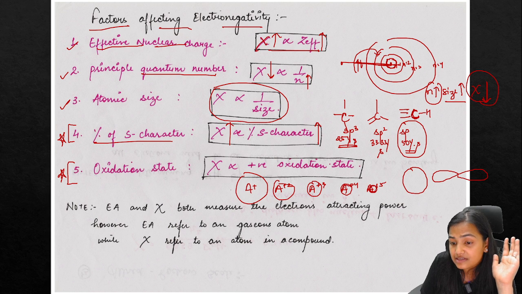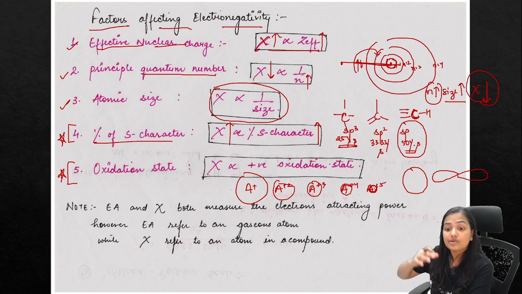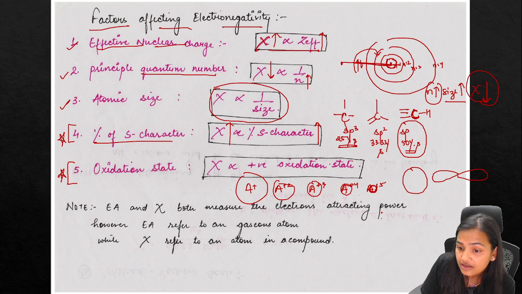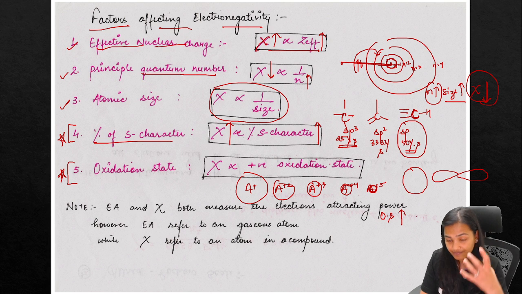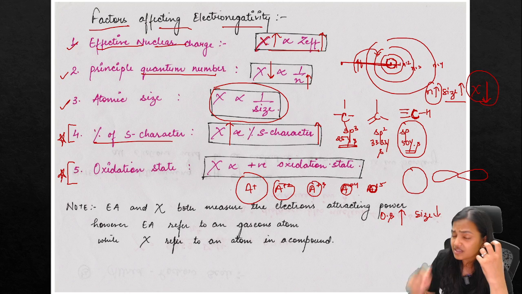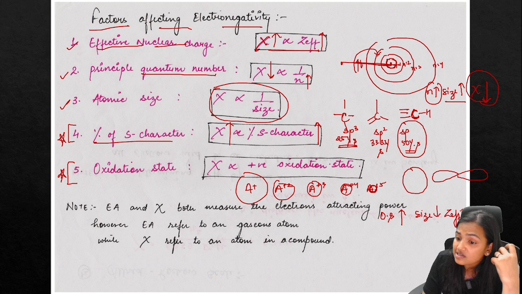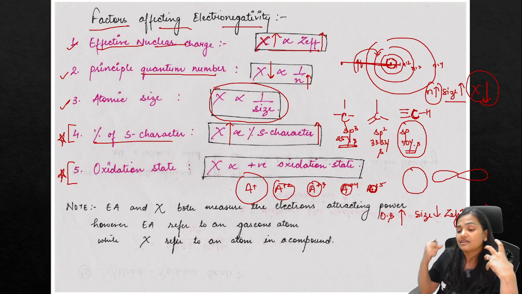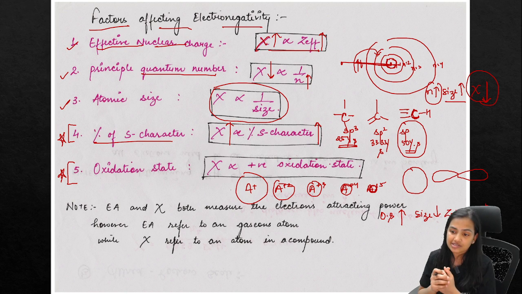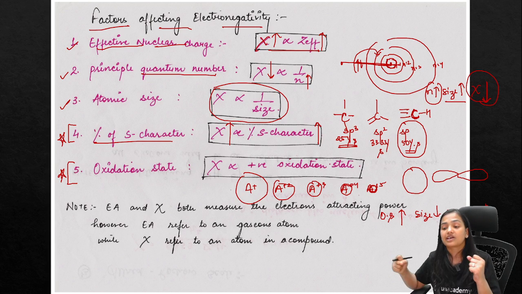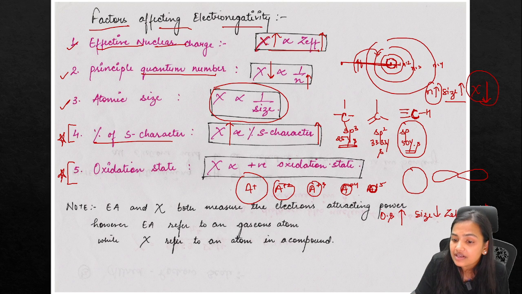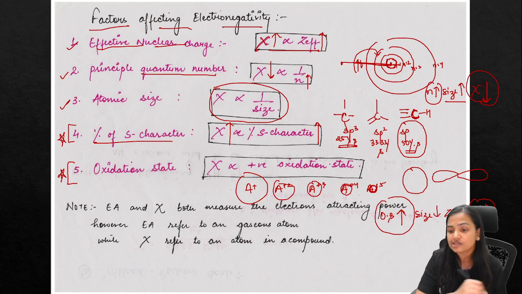The size decreases, which means the effective nuclear charge increases, the Z effective increases, and if the Z effective increases, the electronegativity increases. Anything which is getting smaller in size because of the higher oxidation state will be able to pull the shared pair of electrons more strongly. So ultimately we can say that oxidation state and electronegativity are directly proportional to each other.